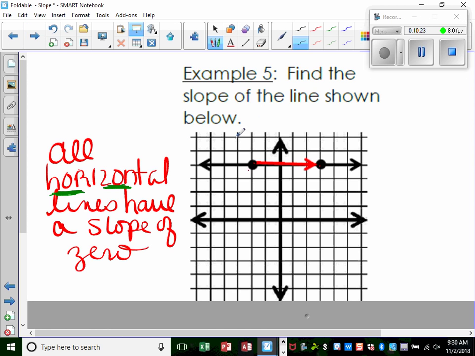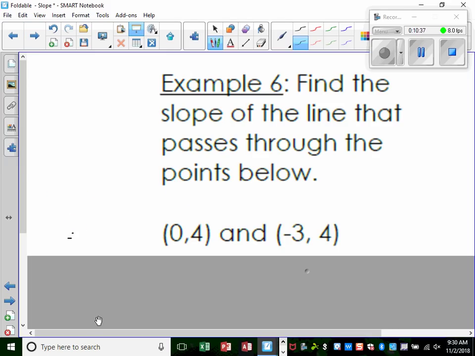So notice that you can't even connect them as a right triangle. And then we're going to work it out algebraically so you can see why the slope comes out to be 0. You don't need to write this down again. So here we go. Let's see why it comes out to be 0.